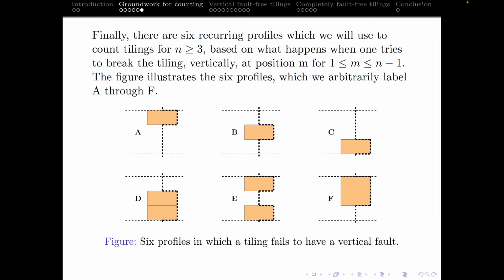Since there is no vertical fault, there has to be either one domino sticking out or 2 dominoes sticking out. We cannot have 3 dominoes sticking out, because then there will be 2 faults here and here. So depending on where the 1 or 2 dominoes stick out, we name those configurations A to F.